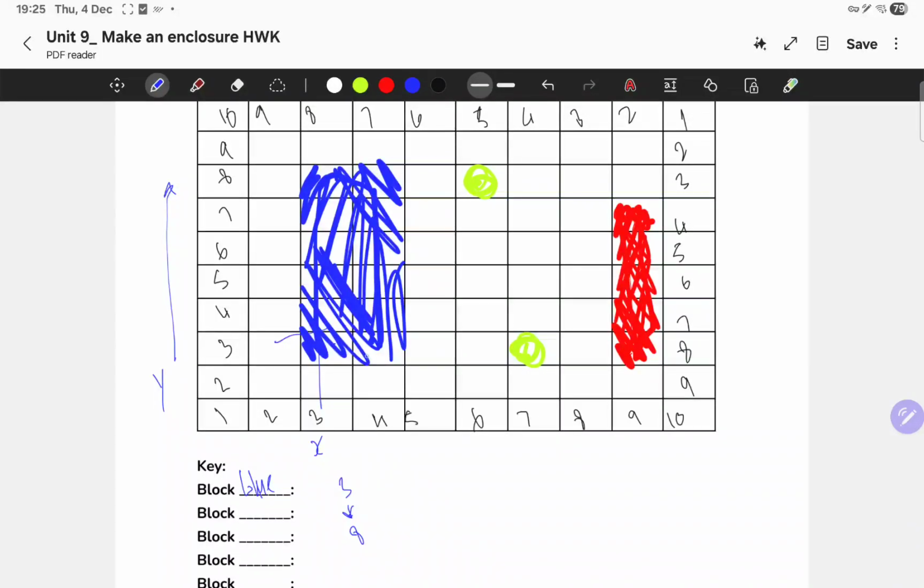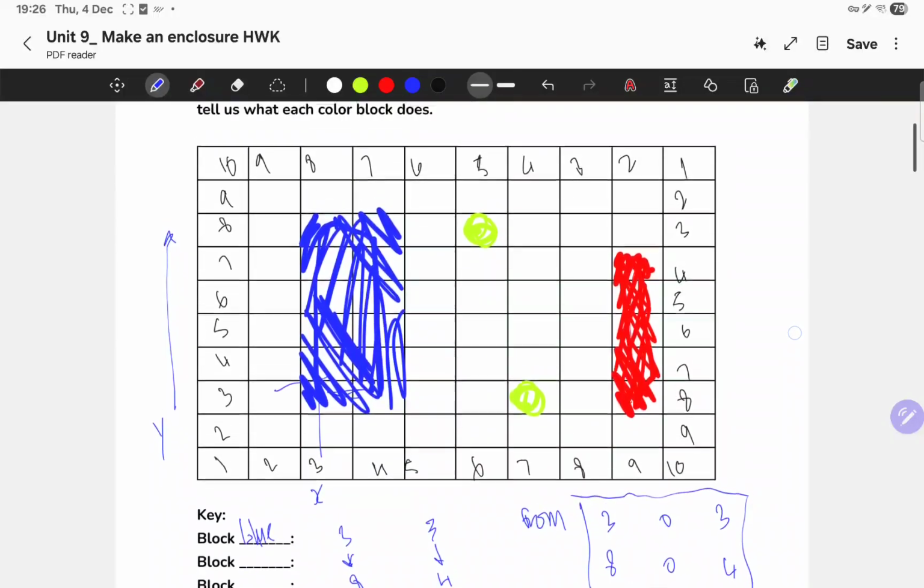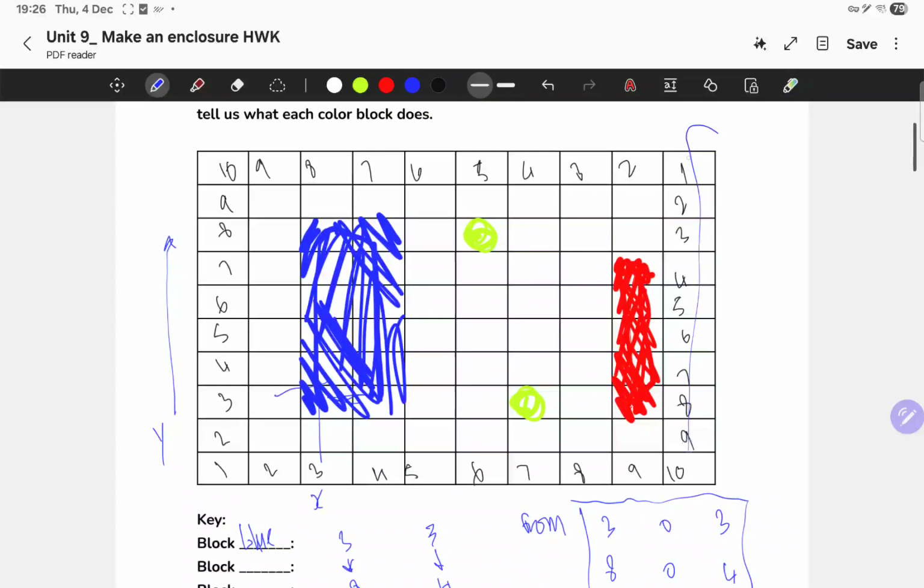And then 3 to 4 here. And then from the other side, we'll do 3 to 4. So your code should say something like from 3, 8, 0, 0, 3, 4. That's what your code should say, something like this. So even though it can look really complicated with these numbers all the way here, it's actually not. It's actually quite easy. Okay, good.